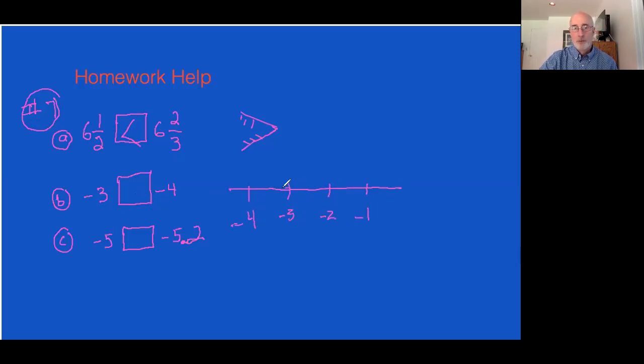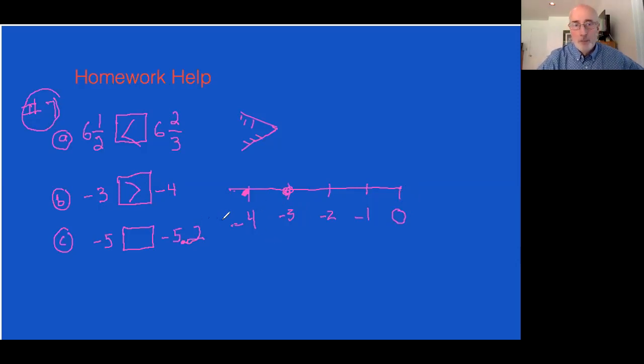Well, here's -3 on this spot right here, and here's -4 on this spot right here. Which one is greater? Well, -3 is more because it's closer to 0 here. It's actually worth more, okay? And so I would draw my greater than or less than symbol like that, okay?